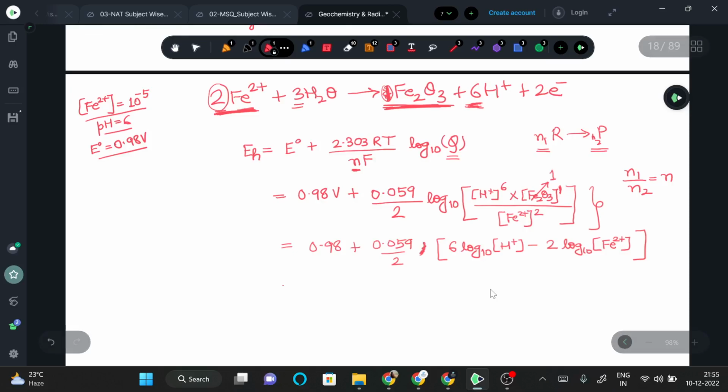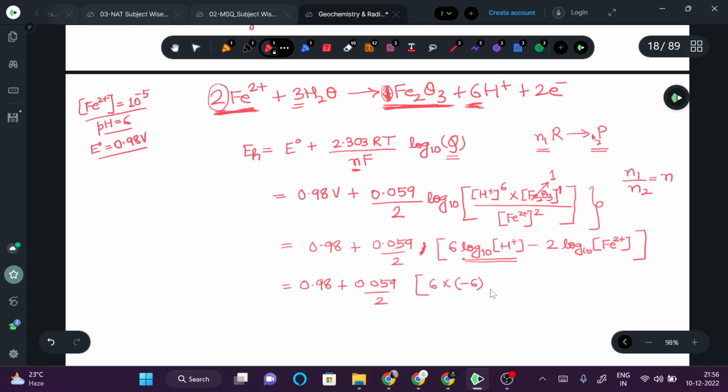Yes, sir. 0.059 by 2. What shall I write here? 6 log base 10 H plus, it will be 6 into minus 6, right?